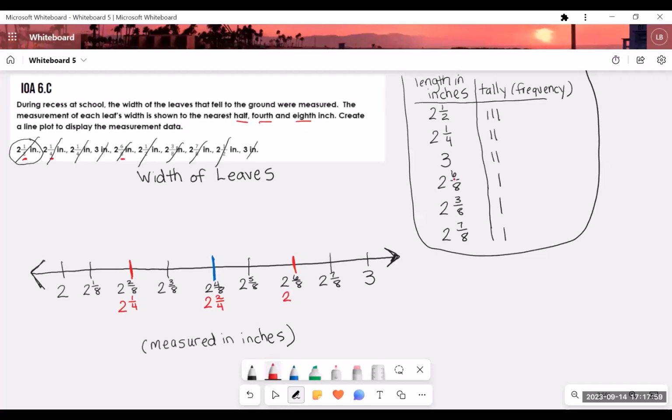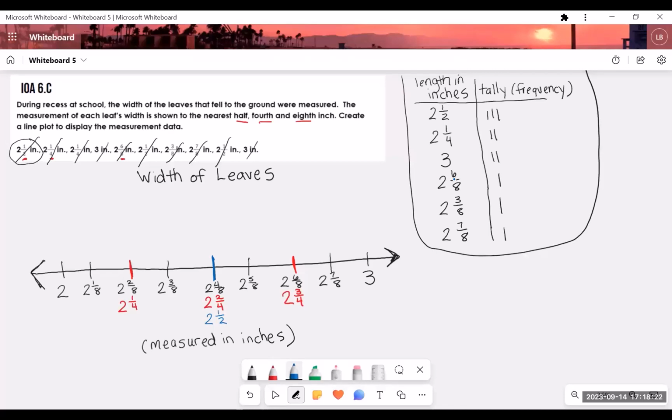And then 2 3/4. And then we're going to go in and put in our half. 2 1/2.